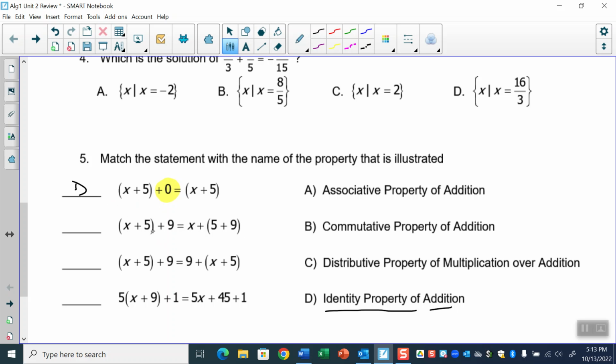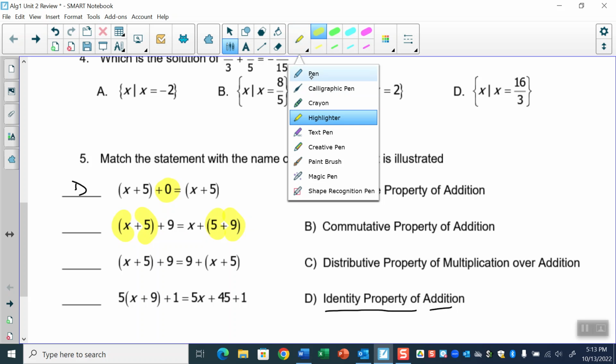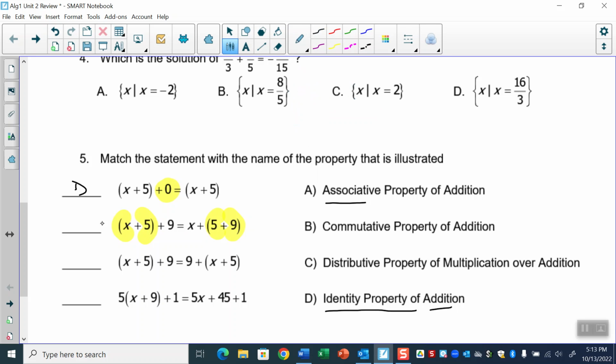Here I've got x, 5, and 9, x, 5, and 9. So the order is exactly the same. But what is different is the grouping. Right here I've got x plus 5 in a group, and over here we have 5 plus 9 in a group. And so that means it's going to be the associative property. So that would be A.